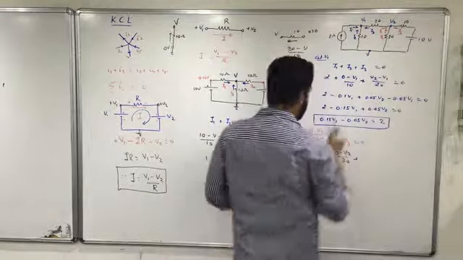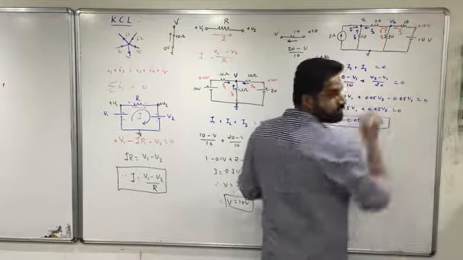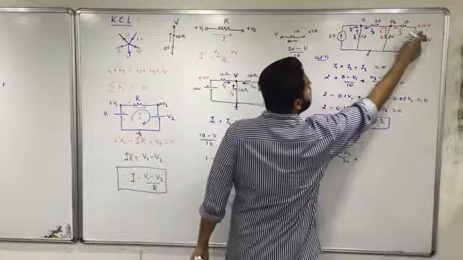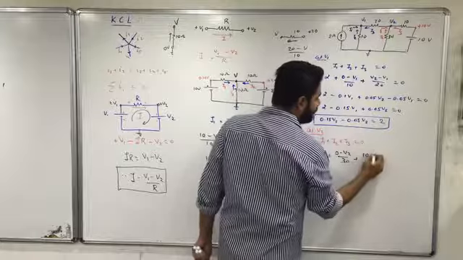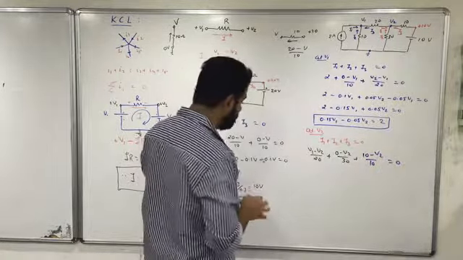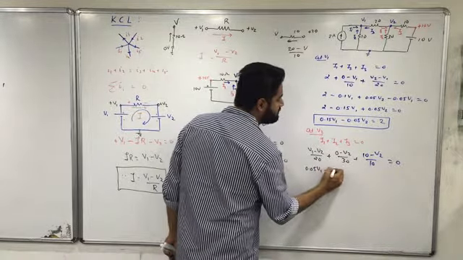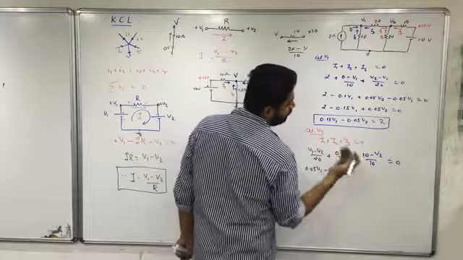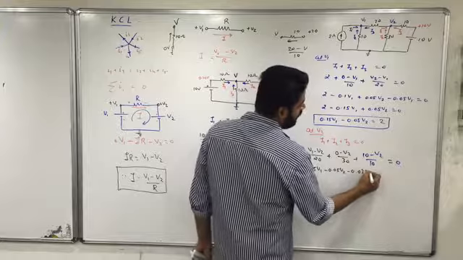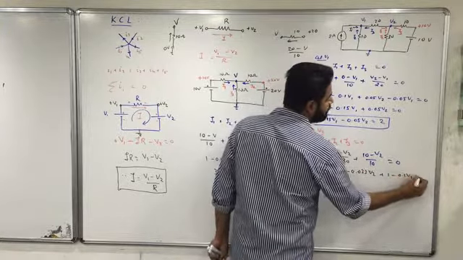Here, how much voltage do we have? It's plus 10 volts. Is it clear? So we have 10 minus V2 divided by 10, which is equal to 0. So this is 0.05 V1 minus 0.05 V2 minus 0.033 V2 plus 1 minus 0.1 V2 is equal to 0.